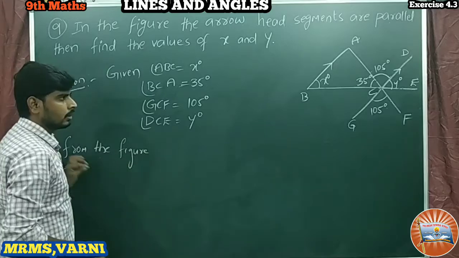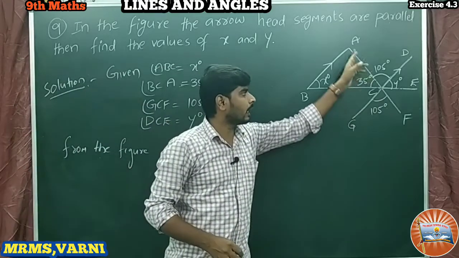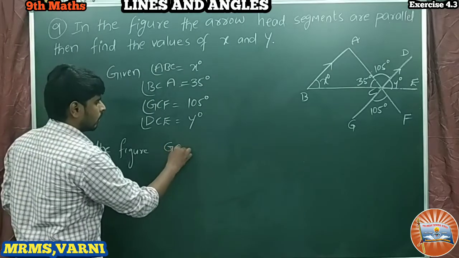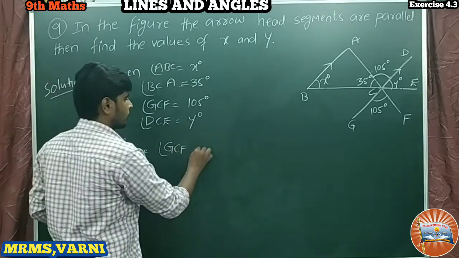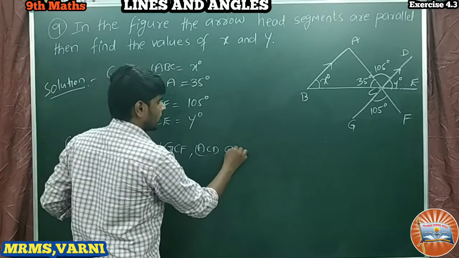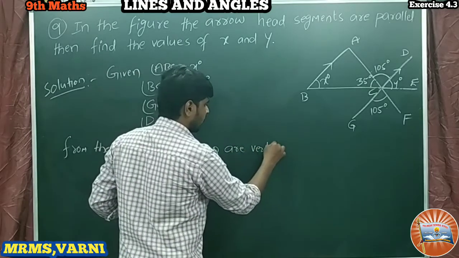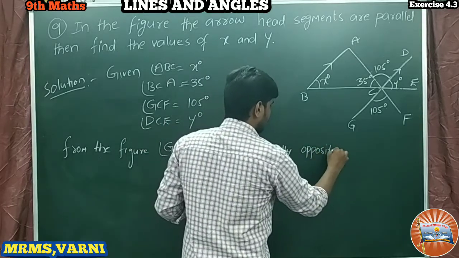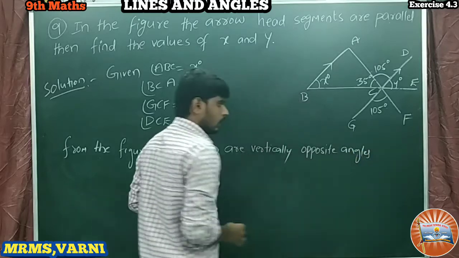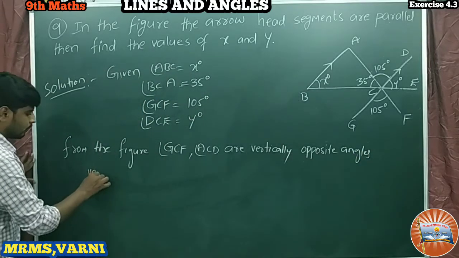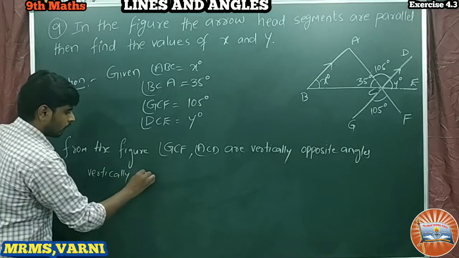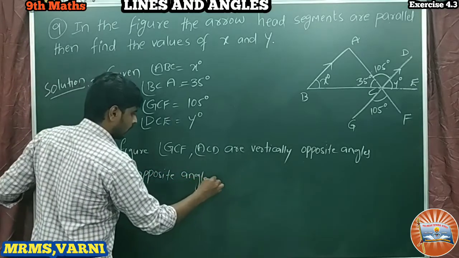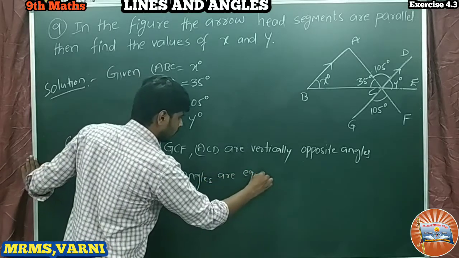So from the figure, angle GCF and angle ACD are vertically opposite angles. We know that vertically opposite angles are equal.